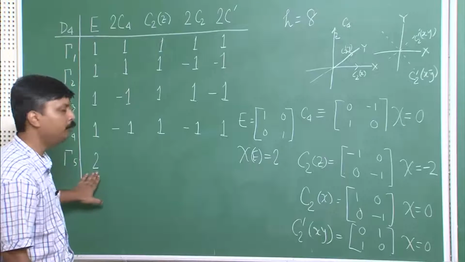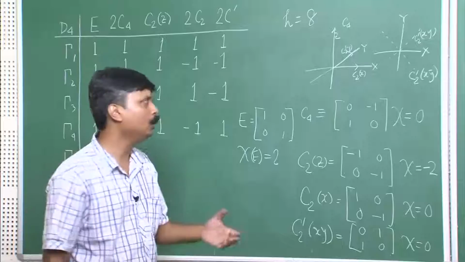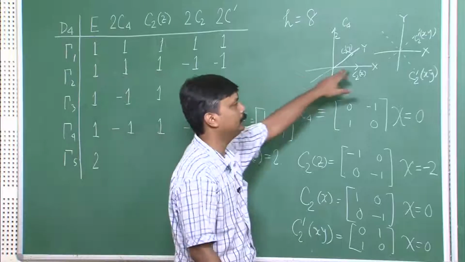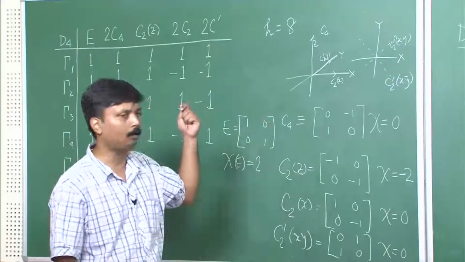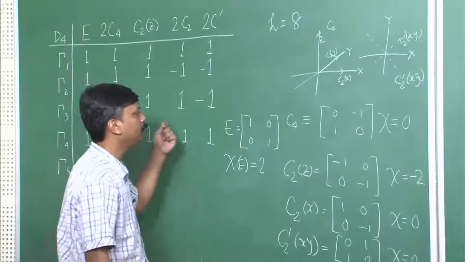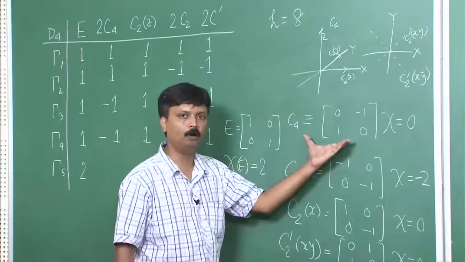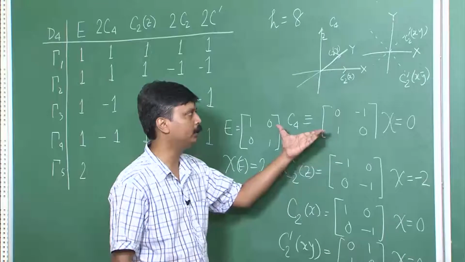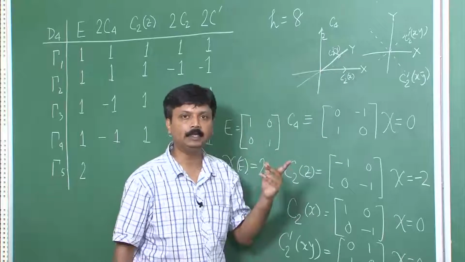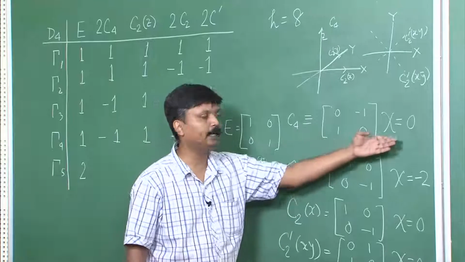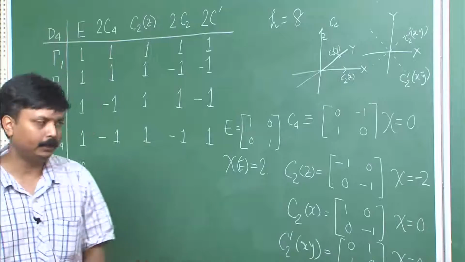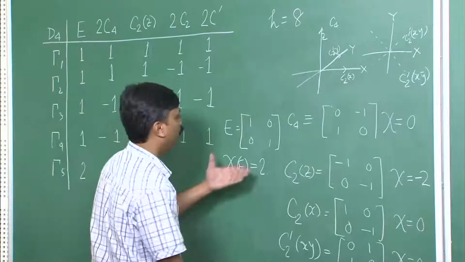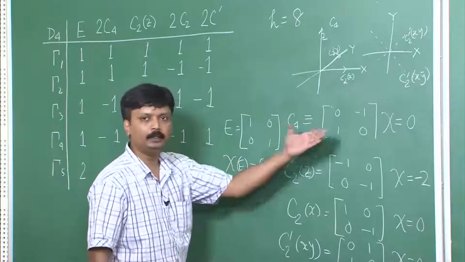Knowing that the 5th one is a 2-dimensional representation, we took xy as my basis and operated all the symmetry operations, and we found the matrix form of those symmetry operations using xy as the basis set, and thereby we got the characters of those particular representations, right. So these were our results.